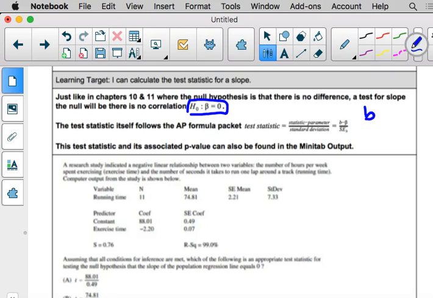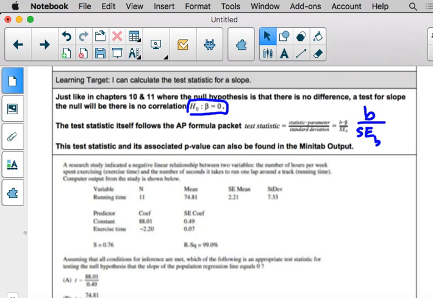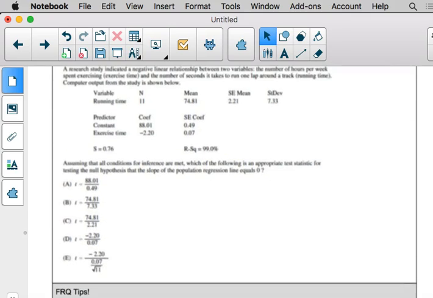Most often, in fact every time I've ever seen this pop up, we're testing against 0. So to make this even easier, it's just your sample slope divided by your error of the slope. Let me show you again how that can play out.